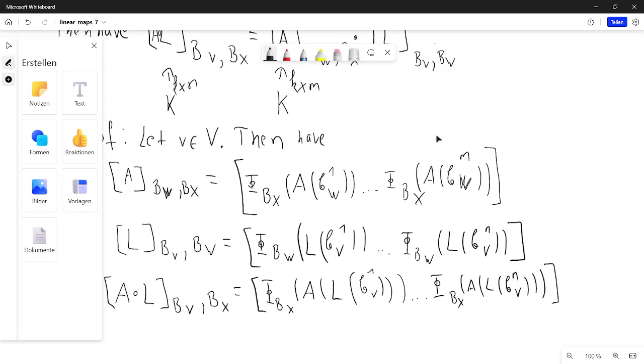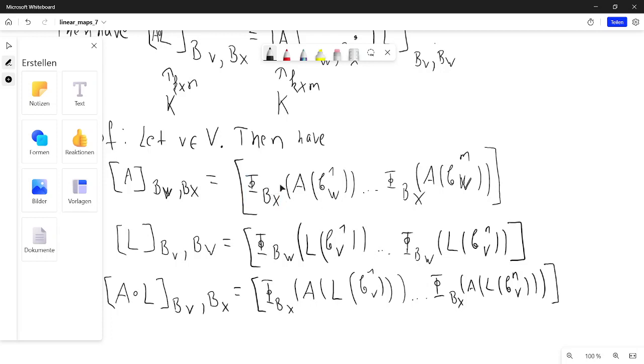So you see, the thing is, when we multiply that by that, we go through the line here, right? And we multiply it by the column. And the column contains exactly the coordinates of those images under L, right?